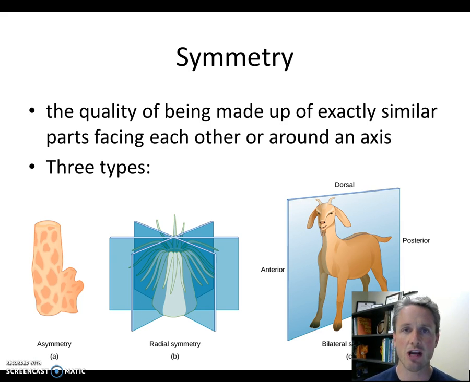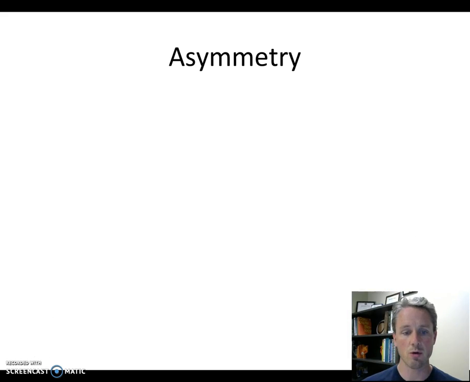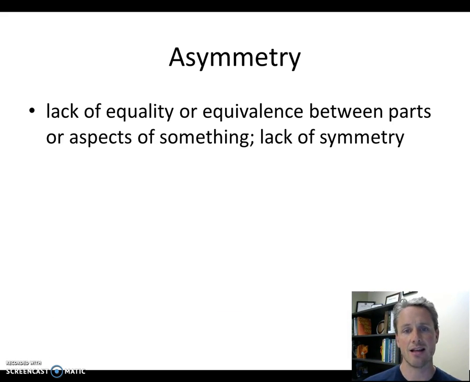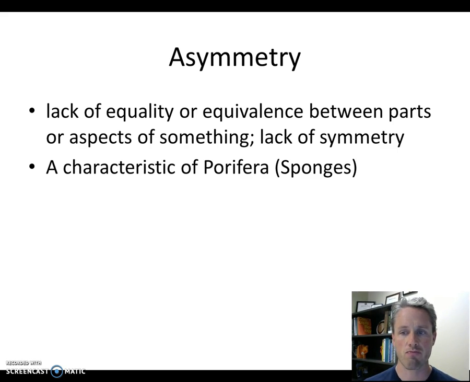So let's think about each kind of symmetry and some examples of organisms that exhibit that kind of symmetry. So we'll start with asymmetry. Again, asymmetry is the lack of symmetry. In animal evolution, asymmetry is characteristic of the Porifera phylum, which we commonly call sponges.